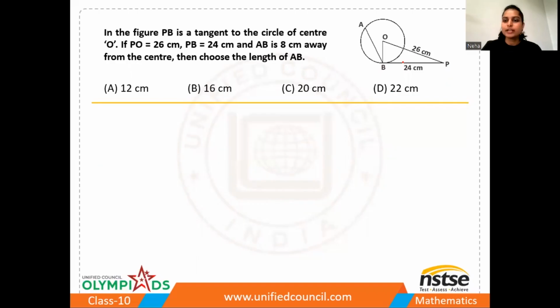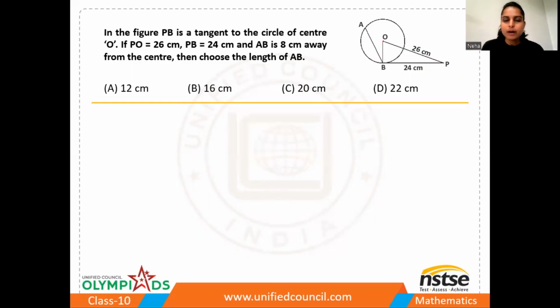So this is your next question, my dear students, and the next question looks very true, I can say. The question is that in the figure PB is the tangent to the circle of center O. If PO is 26 centimeter, PB is 24 centimeter, AB is 8 centimeter away from the center.